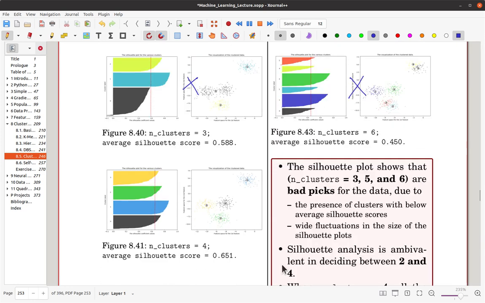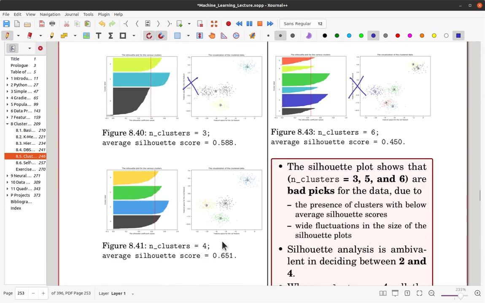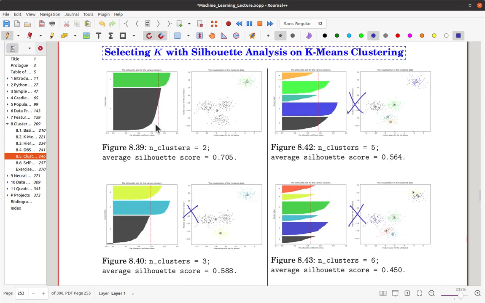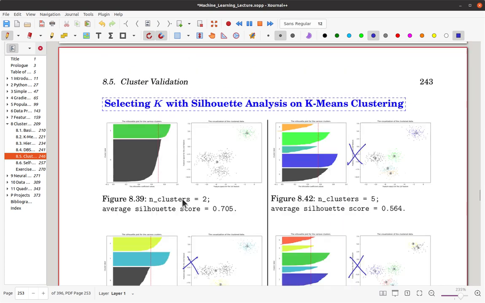But here silhouette analysis is ambivalent in deciding between 2 and 4. However, we will decide this way. The reason is that for K=2, the silhouette scores are not completely uniform, and the thickness is not uniform either.